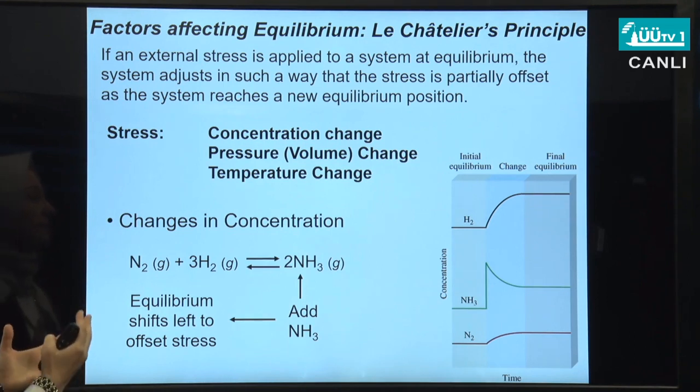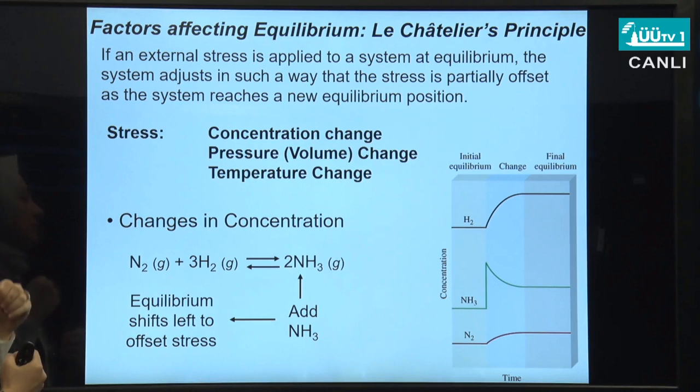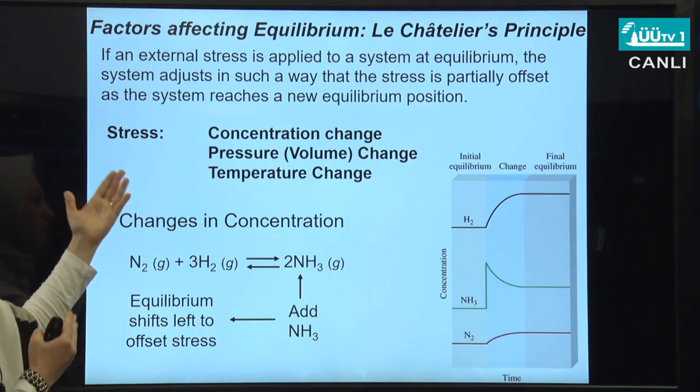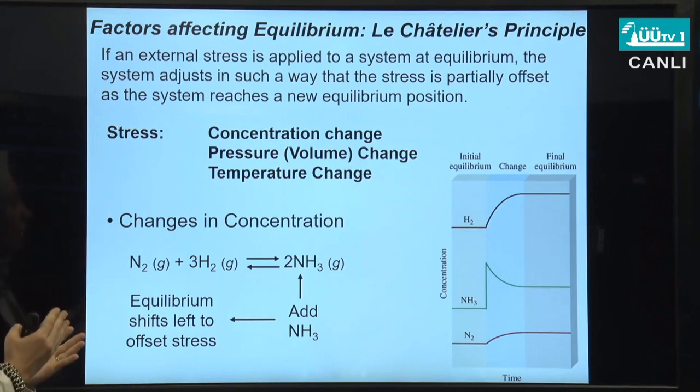By reacting in such a way that it will just overcome this stress, behaving in an opposite way. And what do we mean by a stress? This may be a concentration change, this may be a pressure or a volume change, or it may be a temperature change. And so in all cases, the system will react to offset the change that I have made.